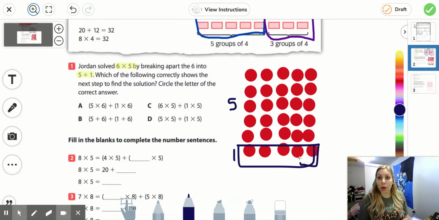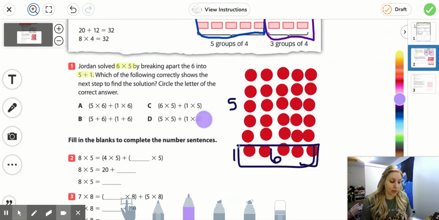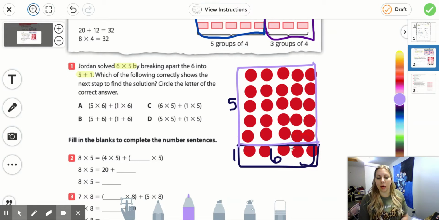I know that 1 row of 6 is how many? If I have 1 times 6, that's the same as 6, right? And then we've got these 5 rows of 6.